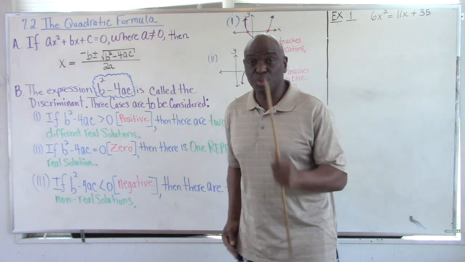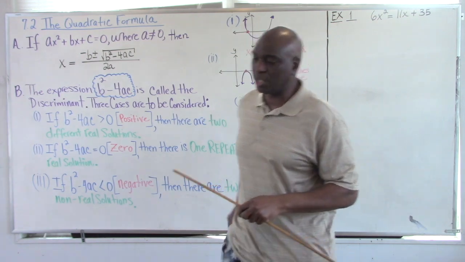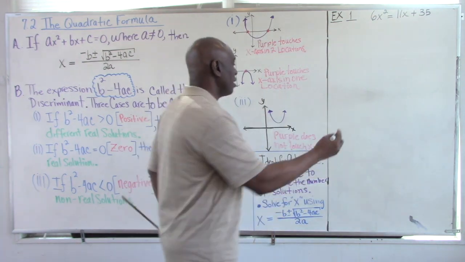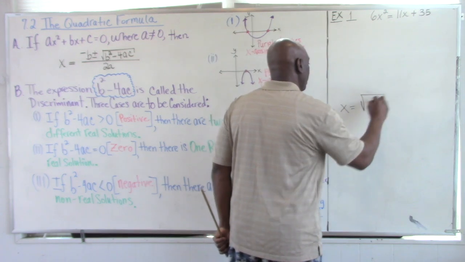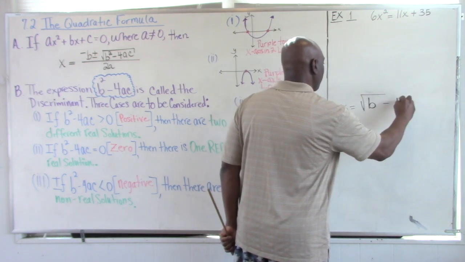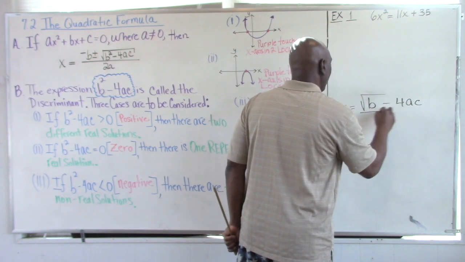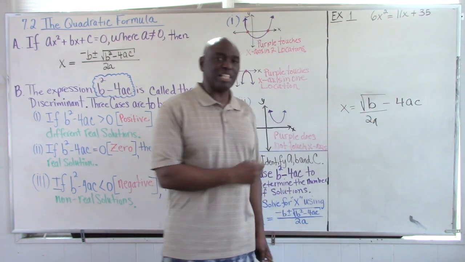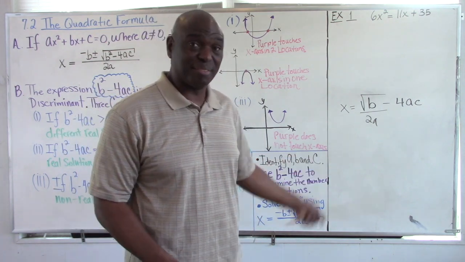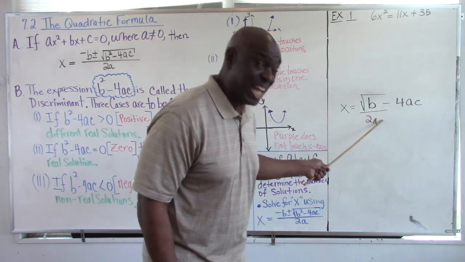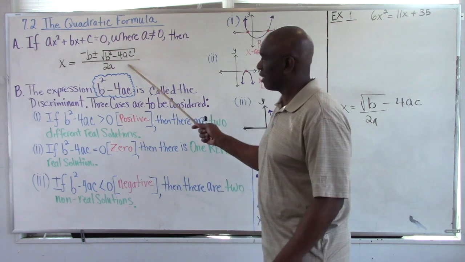Let me show you where students make a mistake with the quadratic formula. Here's how students write it. They write x equals the square root of b minus 4ac all over 2a. That's being lazy right there. You know good and well that does not look anything like that.